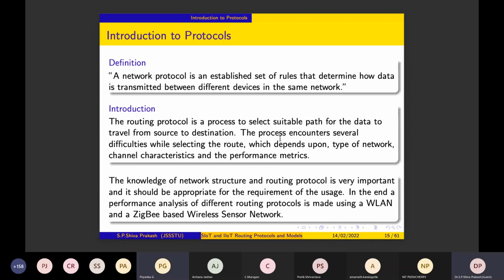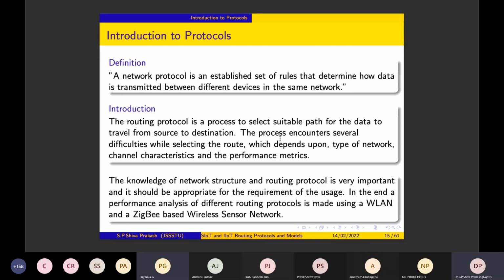Now, with this background for social IoT as well as industrial IoT, what type of protocols will be used? To define a protocol, any network protocol is an established set of rules that determines how data is transmitted between different devices within the same network.